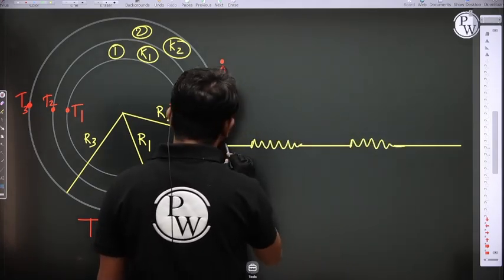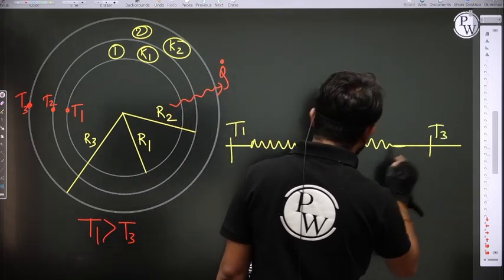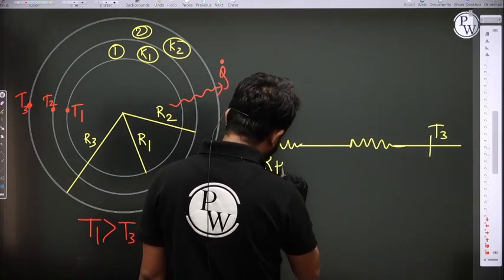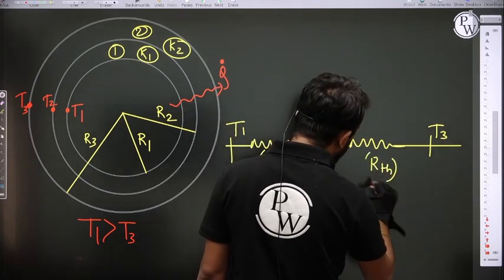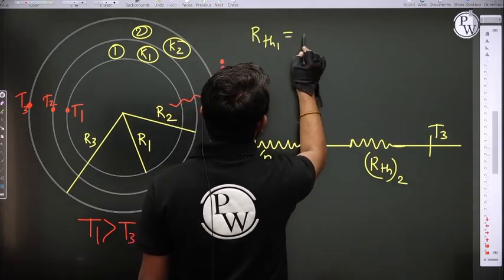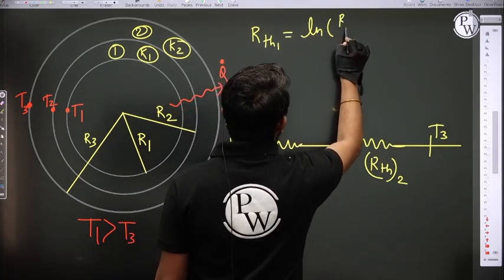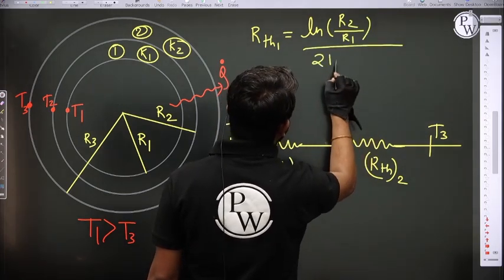Here the temperature is T1, here the temperature is T3. This is RTH1 and this is RTH2. And what is RTH1? RTH1 is equal to ln R2 by R1 by 2 pi K1 L.